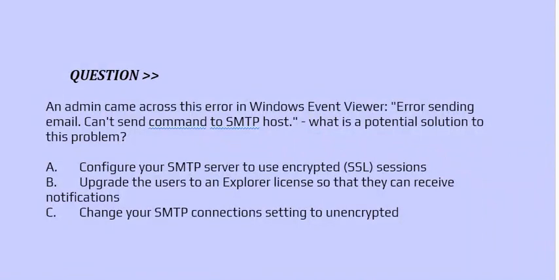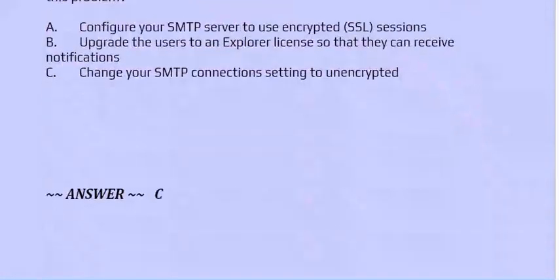Option B. Upgrade the users to an Explorer license so that they can receive notifications. Option C. Change your SMTP connections setting to unencrypted. Correct answer is option C.